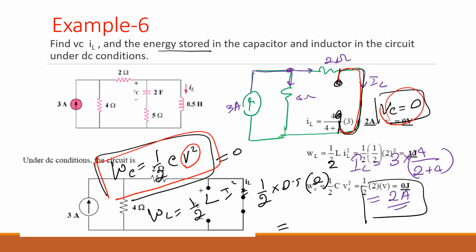There is no voltage across the 5. 5 is not functional, so you don't need to draw the 5. You don't assume it is 0, because voltage is I times R. So when your resistance is 0, your voltage is 0. It's not an assumption, it is the value.